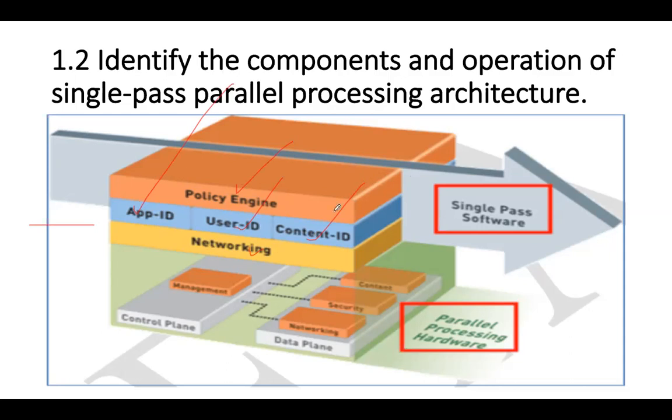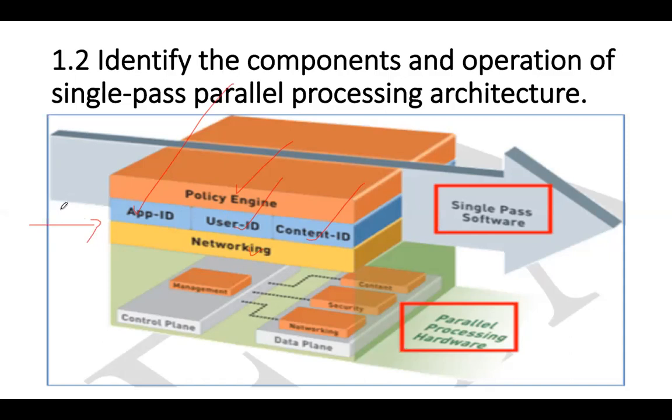When a particular packet enters the Palo Alto, it has to be fully examined before sending it. Palo Alto wants to make sure that this packet cannot harm any end user, is not carrying any threats, and is not carrying any malicious traffic.